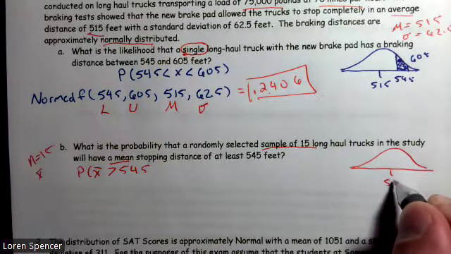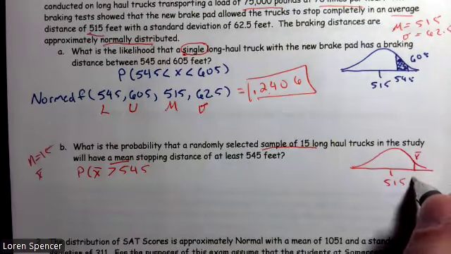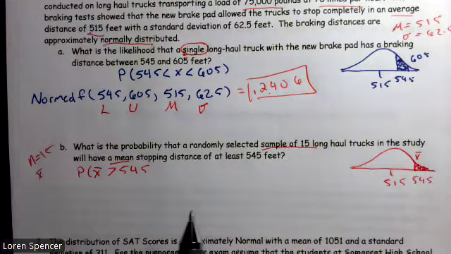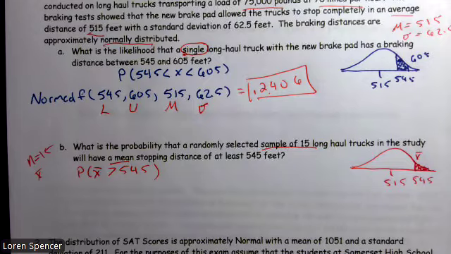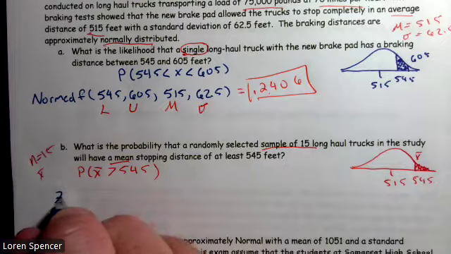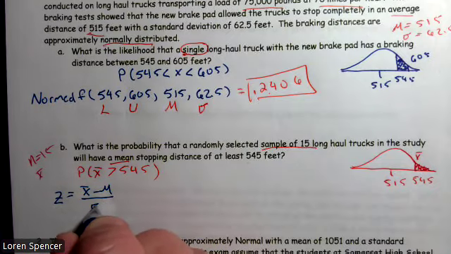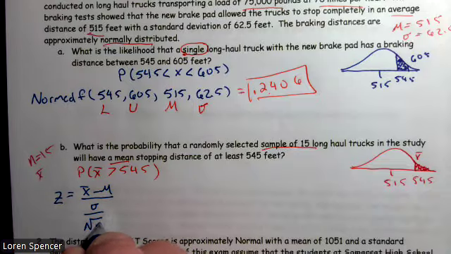So if I'm drawing my picture of this, we have a mean of 515. We have an X bar of 545, which is above the mean, and we're looking for this value. So in this case, we're going to be working with a z-test. So we need to write down our formula because we're going to have to plug into this. So we're going to have z equals x bar minus mu over the standard deviation divided by the square root of n.